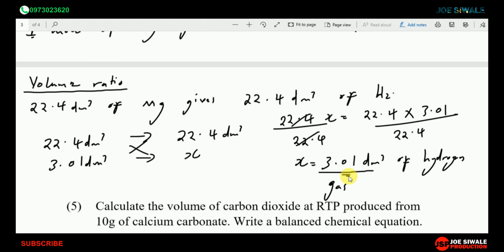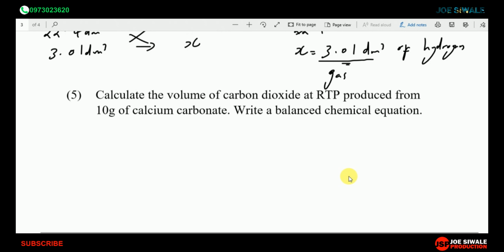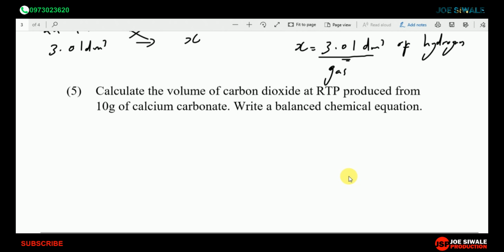So for question 5 and 6, make sure you find these answers and share them in the group. So question 5 reads, calculate the volume of carbon dioxide at room temperature and pressure produced from 10 grams of calcium carbonate. Write a balanced chemical equation.